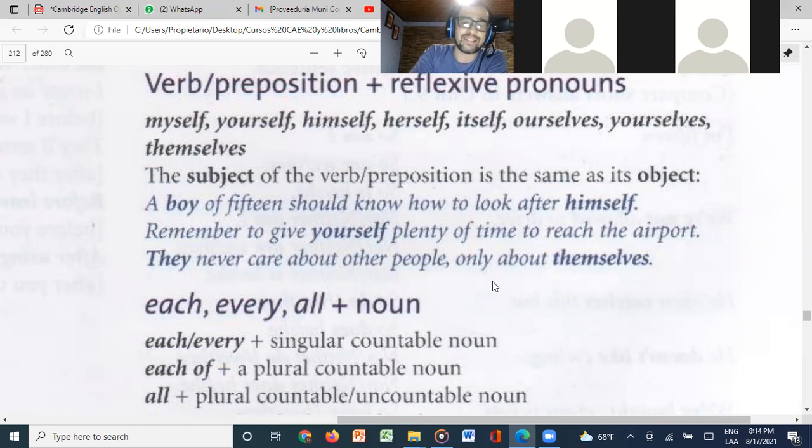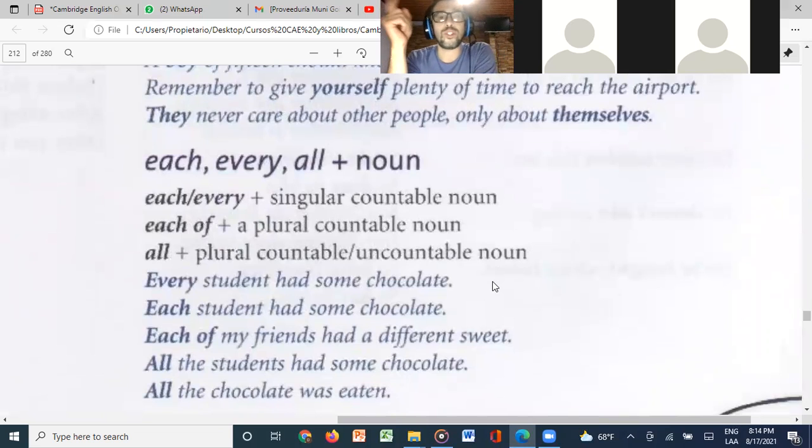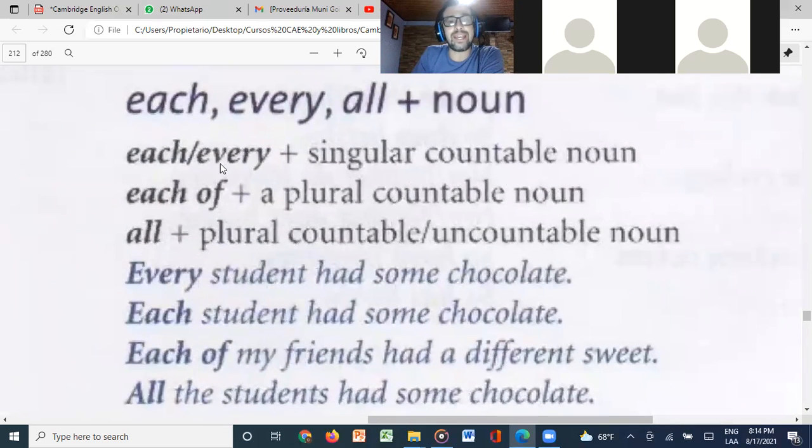Excellent. Now, the second part of this grammar is how to use each, every, or all plus the noun. We can say each or every, which is the same thing, plus singular countable nouns. So we can say every student had some chocolate, or each student had some chocolate.